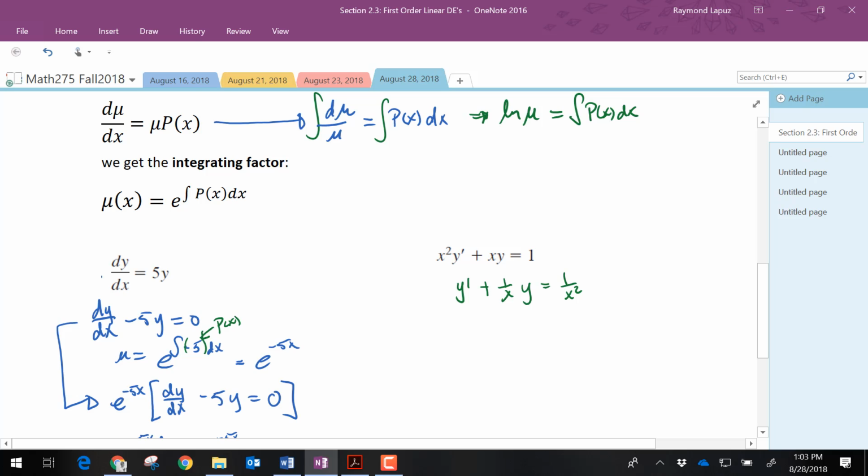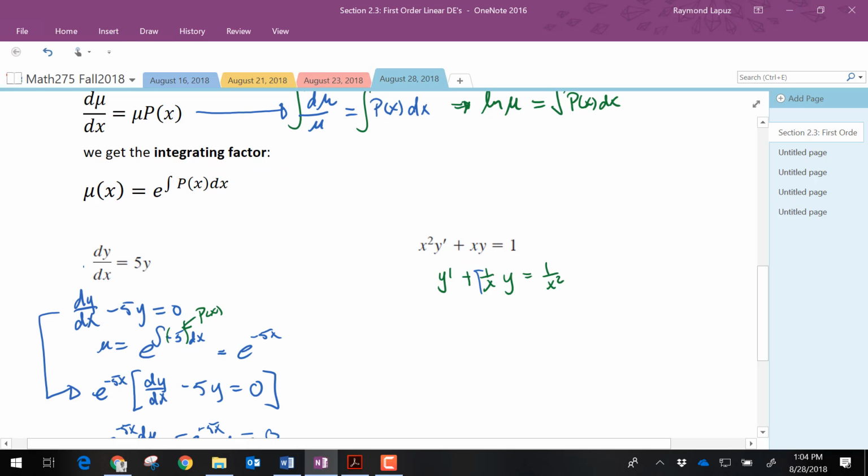So this one is also a first order linear differential equation. And in the process, all you really need to do is identify the p of x, right? So what's p of x in this case? 1 over x.